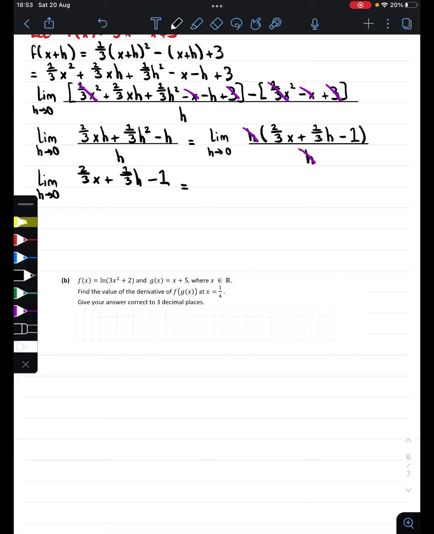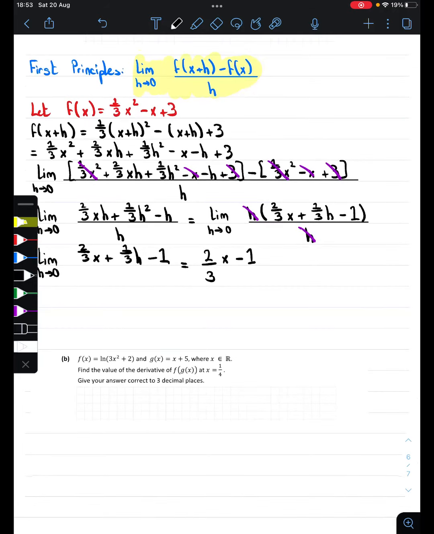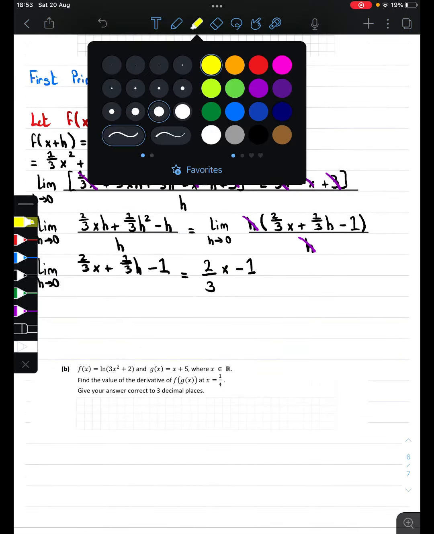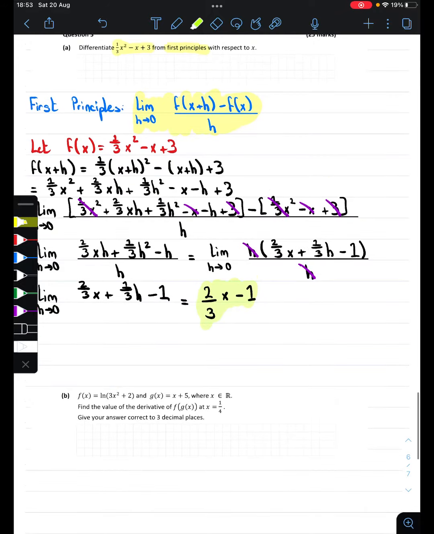And so the limit as h goes to 0 of this is just 2/3 x minus 1. And if you differentiated this normally, you would see very quickly that the derivative is 2/3 x minus 1. And this is just the more classical way of going about it. So let's actually just write this as the derivative of x.